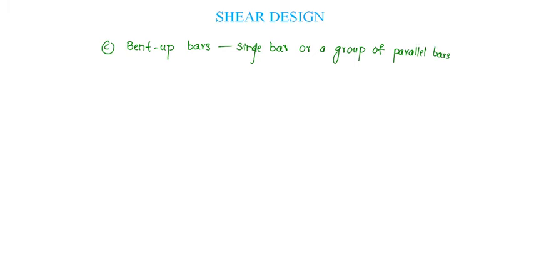Whereas if bent up bars are used, case C we can consider as bent up bars, a single bent up bar or a group of parallel bars, then VUS is given as 0.87 Fy into ASV into sin alpha.